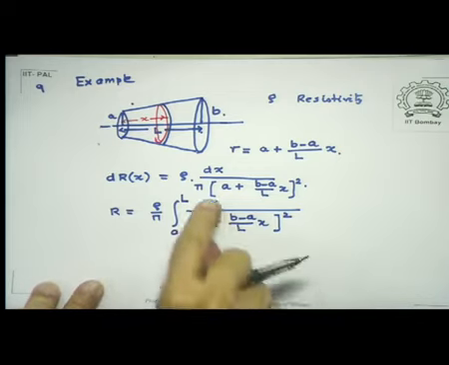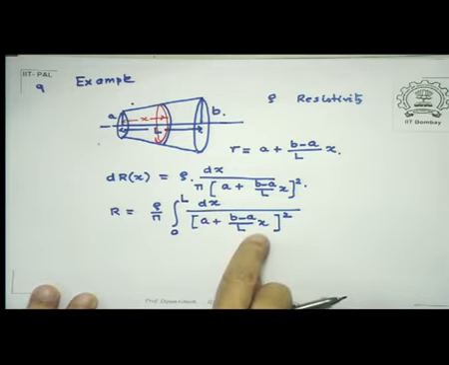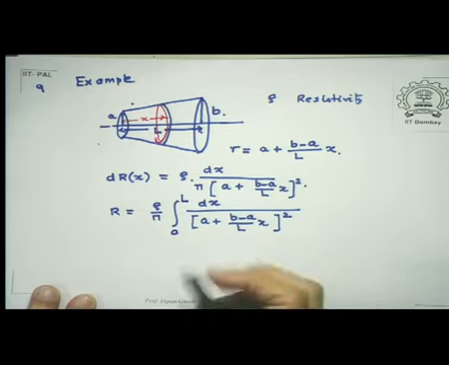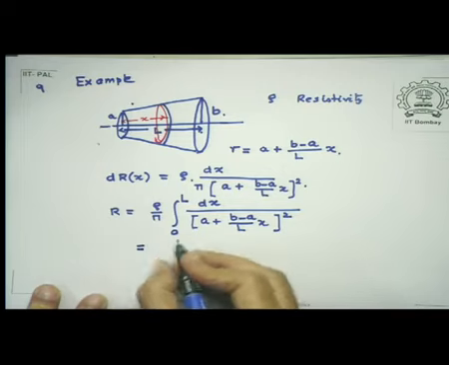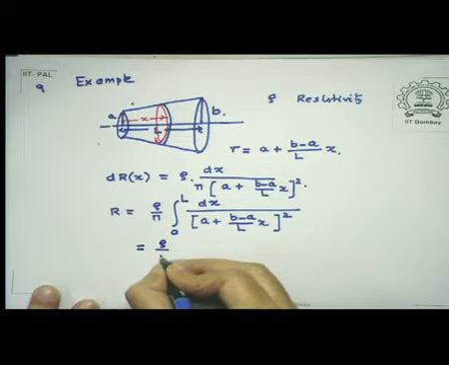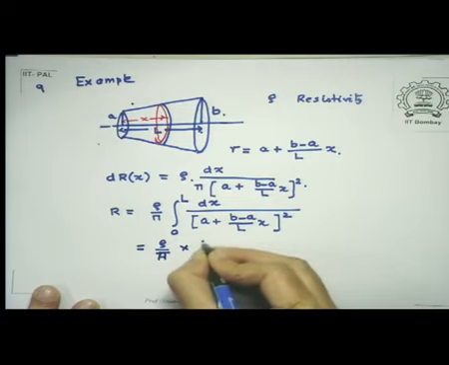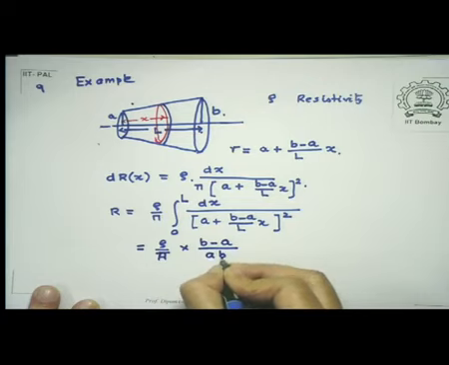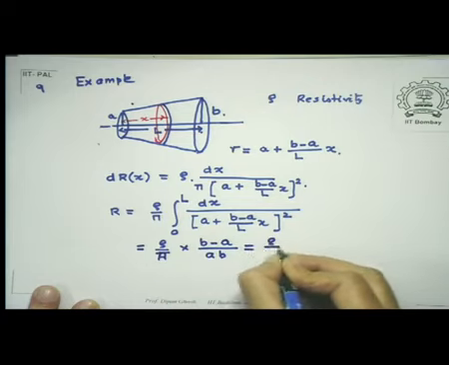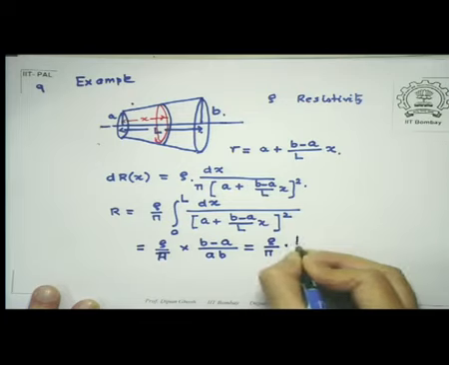This is a straightforward integration. I don't go through every step of that integration, and you can find out immediately that this quantity is given by rho by pi into (b minus a) over ab, and that's equal to rho by pi times L over ab.